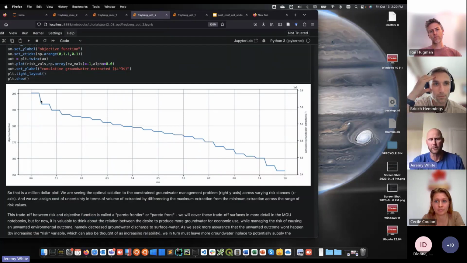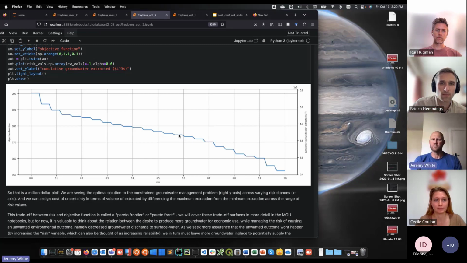You'll see it in this chart if you want to quickly run through it. You just need to fill a response matrix once, and then you can do this sort of trick with OPT to have it quickly evaluate and solve the linear program. You'll see quickly where it falls off, at least in the linear sense. And then, like Cecile was saying, if things are nonlinear, and they're usually not purely linear, then you might have to evaluate a few solutions somewhere along that place where it actually became infeasible.